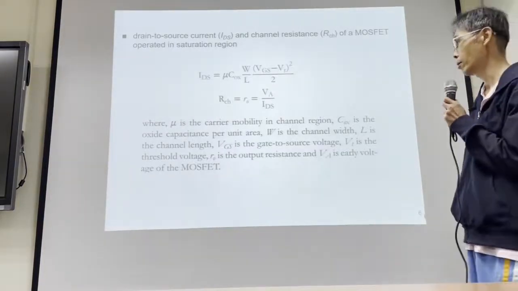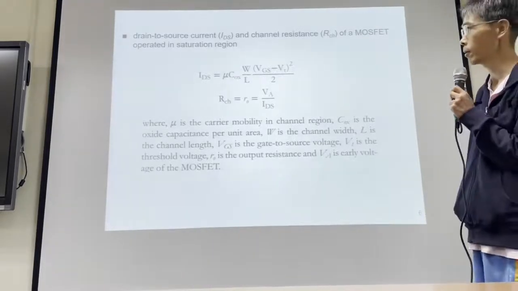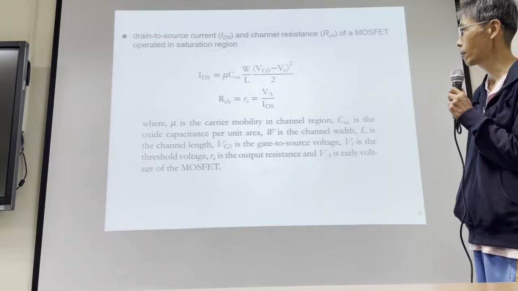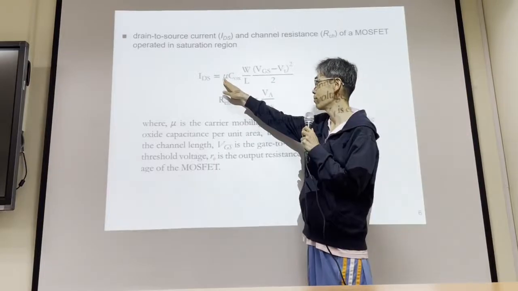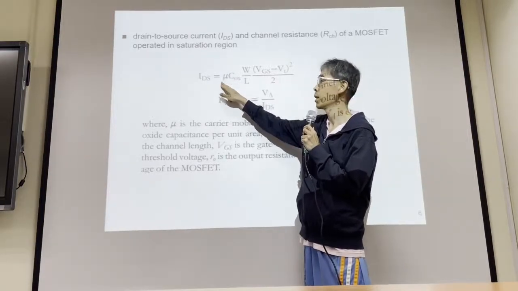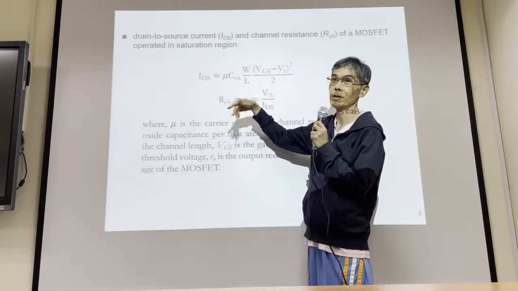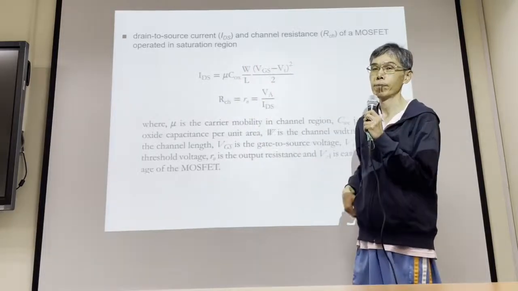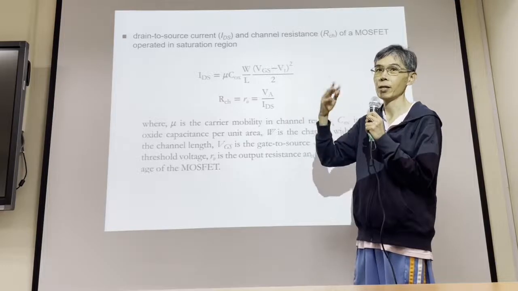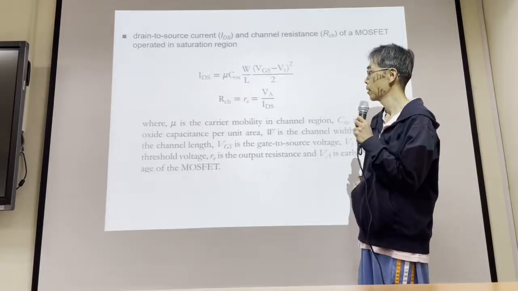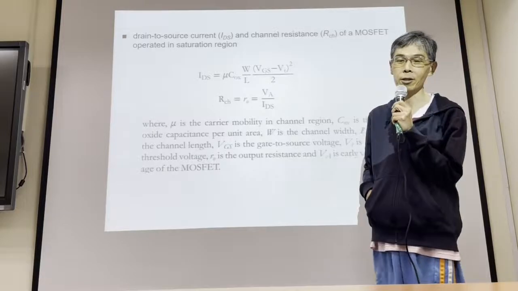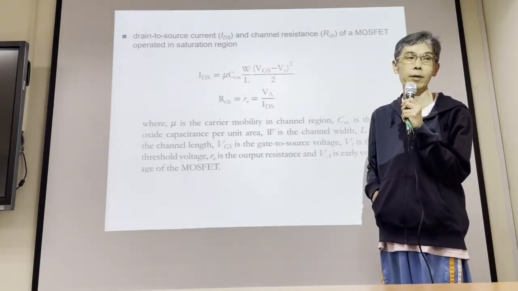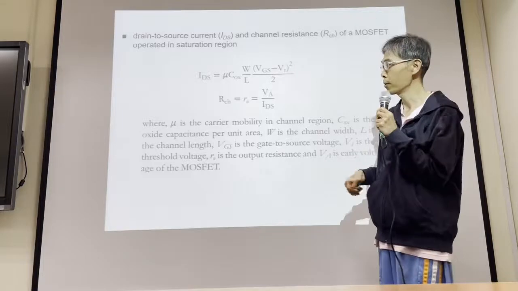Then we got a simple equation for this sensor. The drain to source current, IDS. So this one is the mobility of the electrons or holes in semiconductor transistors. And this one is the width. So like just imagine a capacitor we had previously.